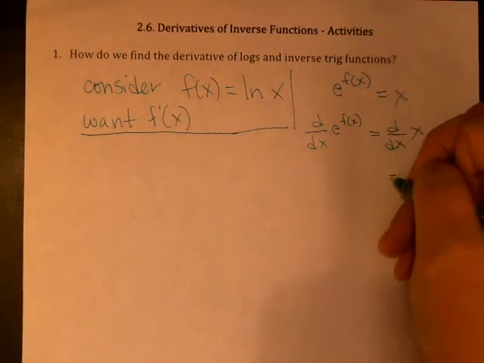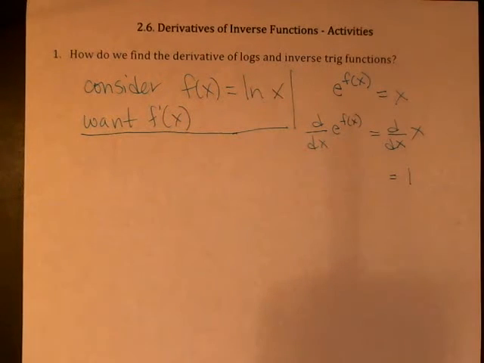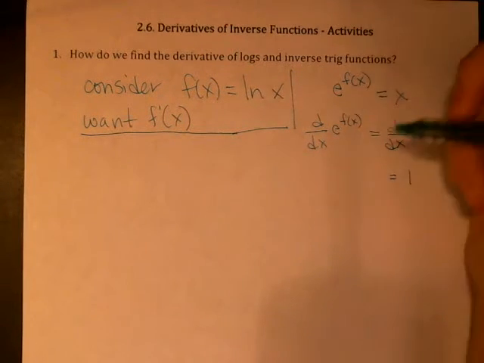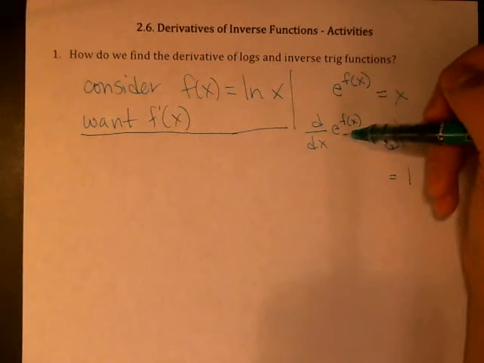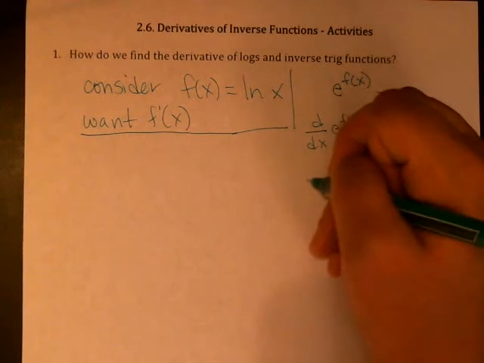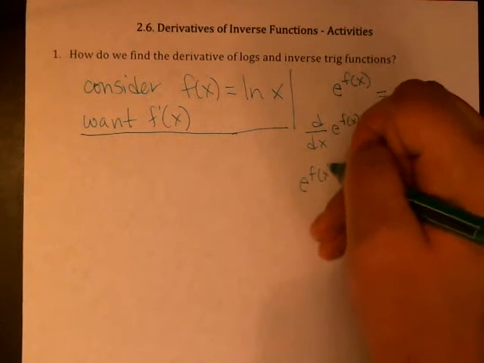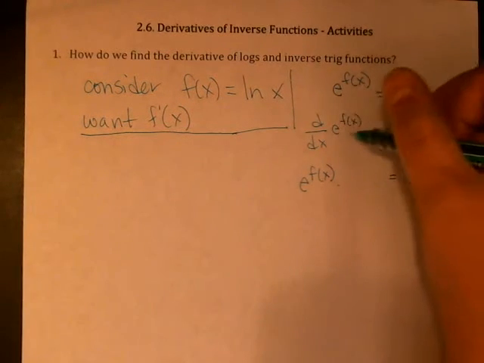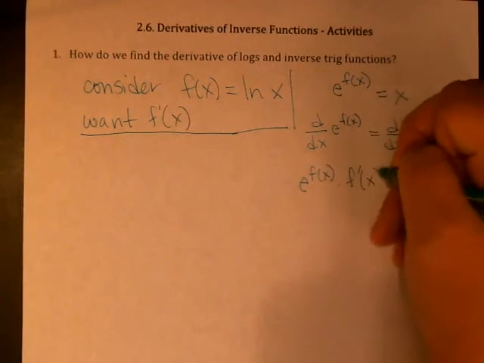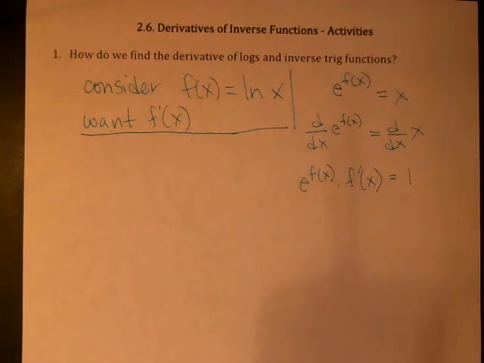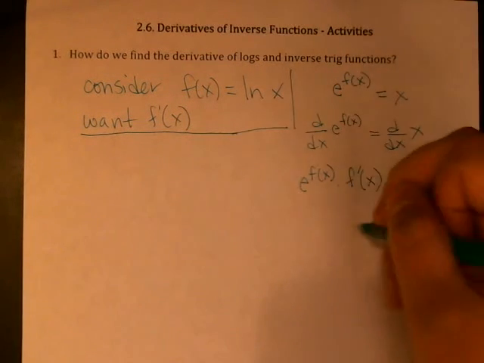One part of this is really easy. The derivative of x with respect to x is 1. The other part is messy but doable. There's a chain rule here. So we have e to the stuff. The derivative of that will be e to the stuff. And then we have to multiply by the derivative of the stuff, which is just going to be an f prime. And remember, our goal was to find f prime.